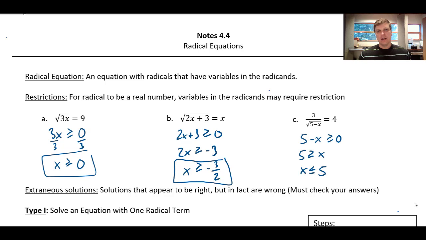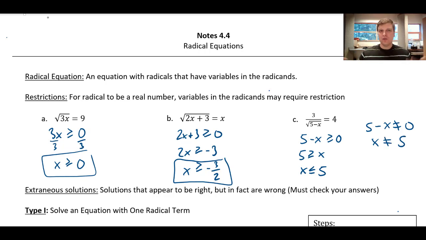Just recognize that there's another restriction here because it is a rational. The fact that it's a rational means I can't divide by 0. So I've got 5 minus x cannot equal 0. And if I move x to the other side, I get x cannot equal 5. So I've got two restrictions there.